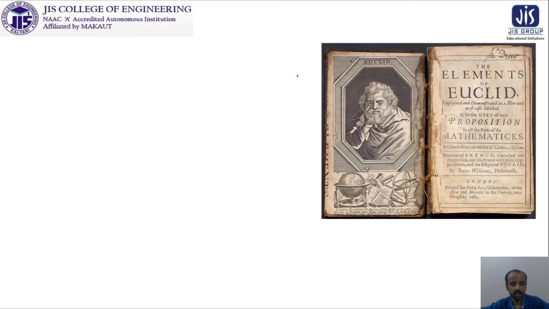This is a very famous book. This book is written by Euclid, and the name of the book is The Elements. This book is sometimes considered the Bible of mathematics, because though mathematics is not a small subject, still one single book can't cover the basic ideas of all of mathematics.